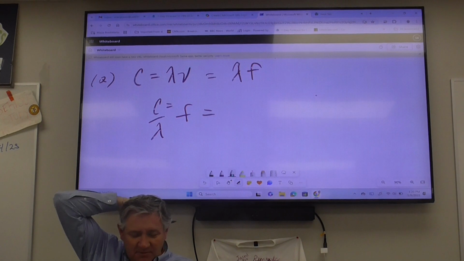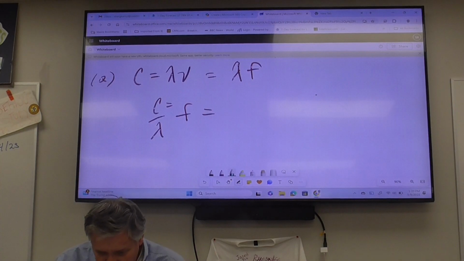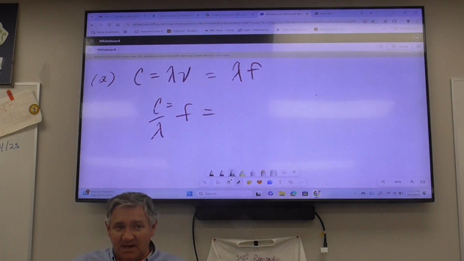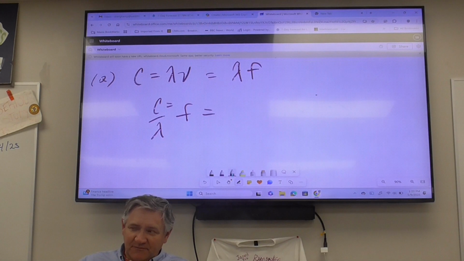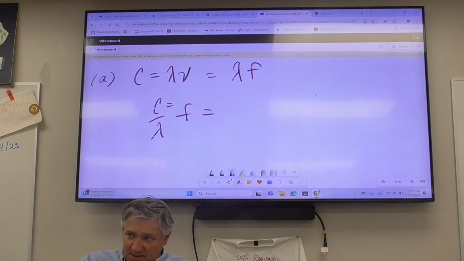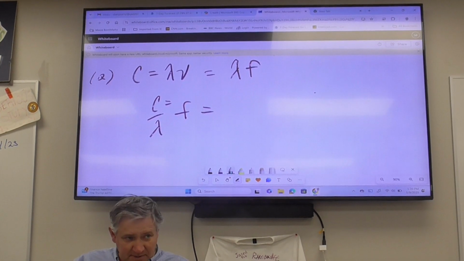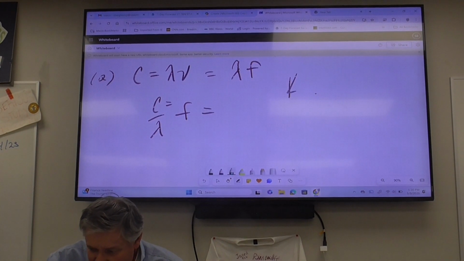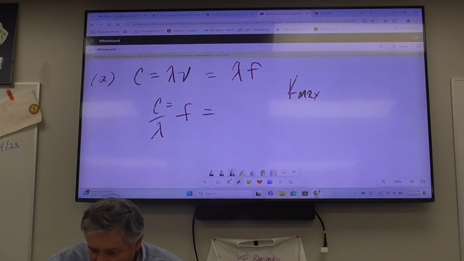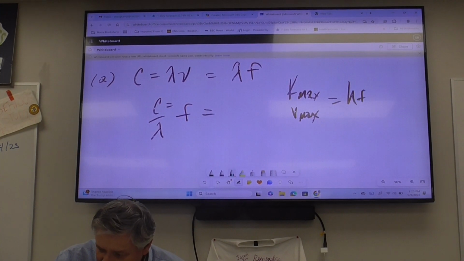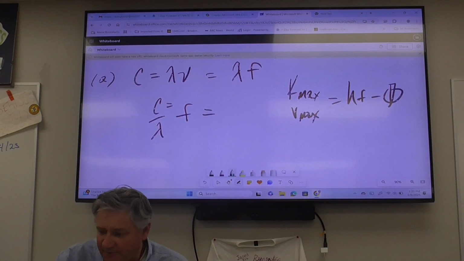All right, so let's talk about this problem with the light shining on it. Part of this you have to understand on the photoelectric effect is that you have two different particles. You have the photon coming in, and then you have the electron being kicked out. So when you look at your K max, which is also your stopping voltage max, it's the same thing. That equals hf minus your work function, okay?